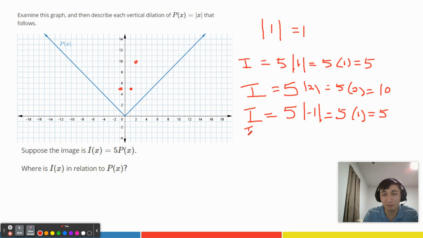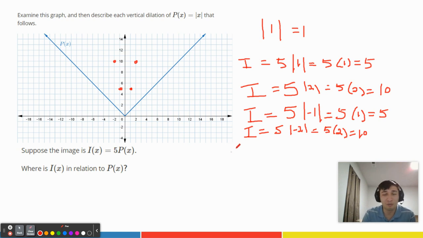I could also do -2. So if I did that, I'll have 5 times the absolute value of -2. But that's really just 5 times 2, which is just 10 again. So we're going to go out to -2 and then go all the way up to 10.